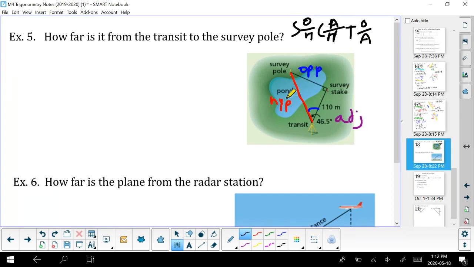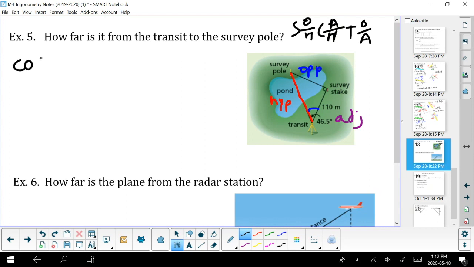Well, we need something with hypotenuse, so automatically we can get rid of your tangent ratio. We don't need that. And between your opposite and your adjacent side, well, we need to know at least one side length, so that gets rid of our opposite side. So that means we are going to be using the cosine ratio.